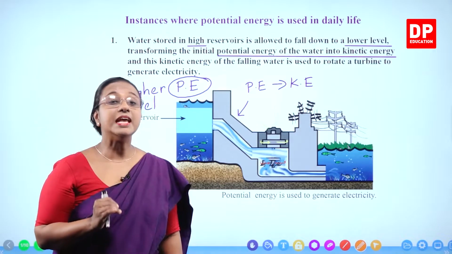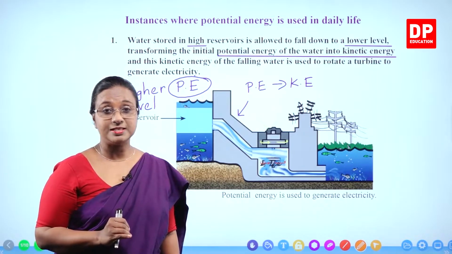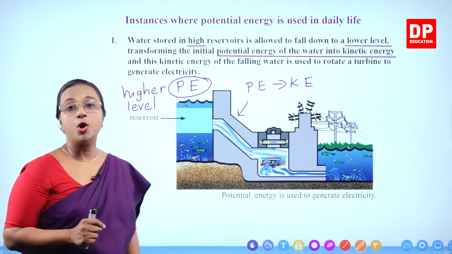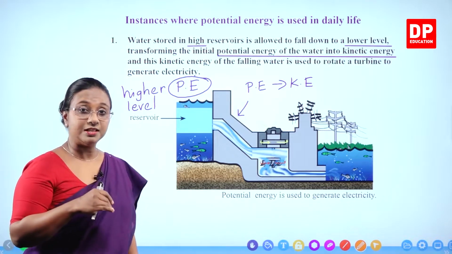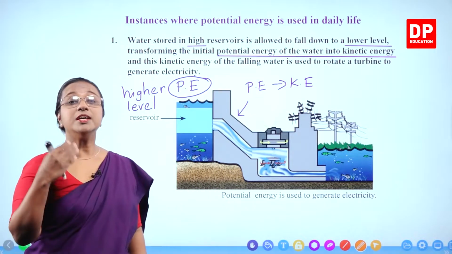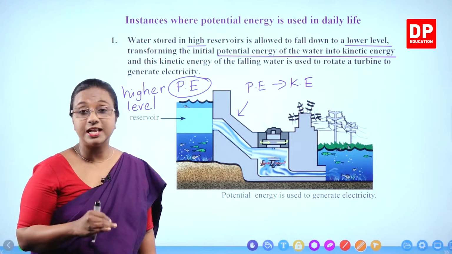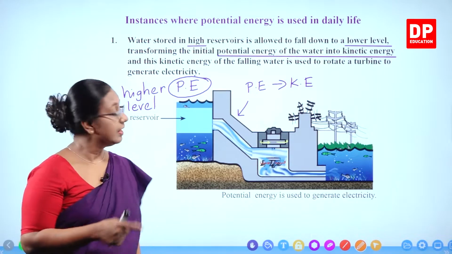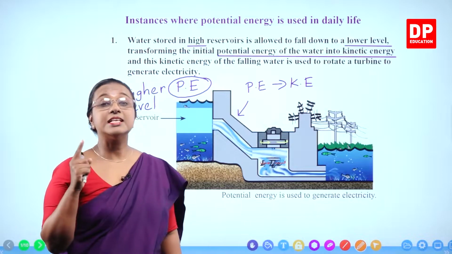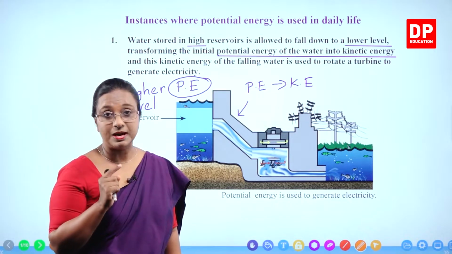So what is the energy conversion taking place here? Initially we have potential energy of water at a higher level. Then when water flows, the potential energy of water is converted to kinetic energy of flowing water. Thereafter, the turbine rotates and there it is the kinetic energy of the turbine.